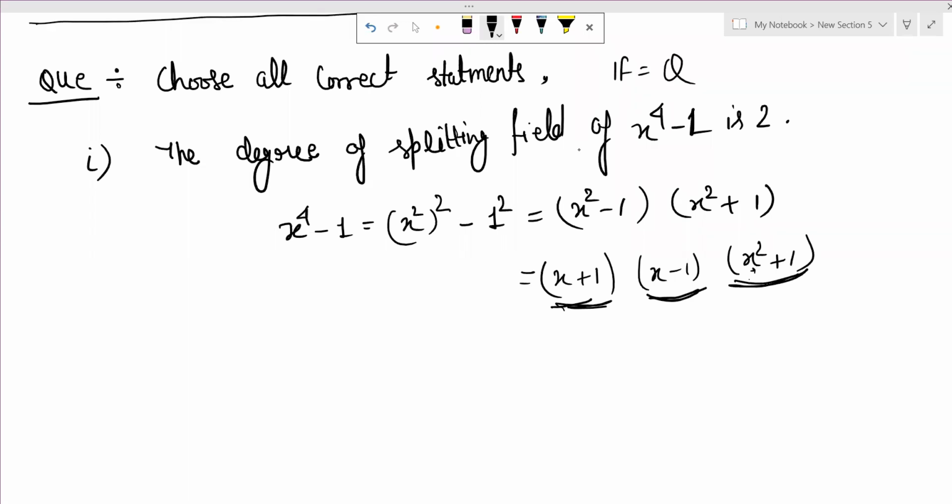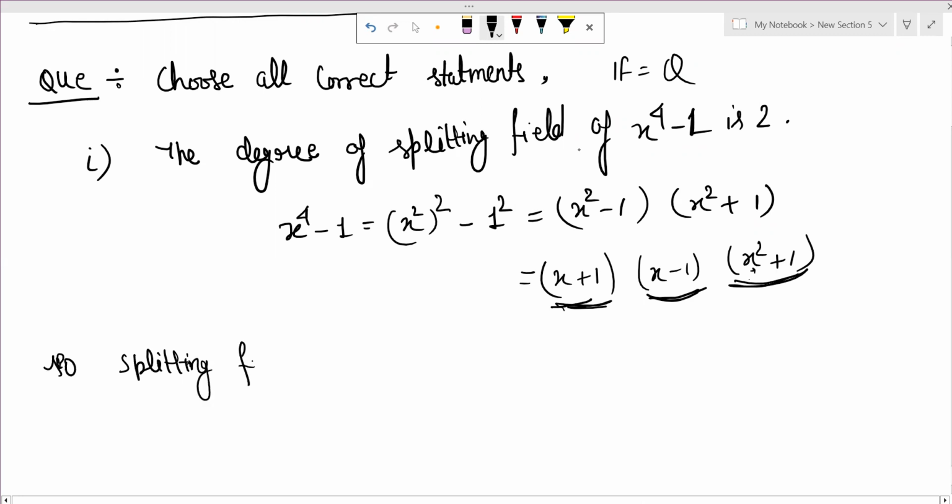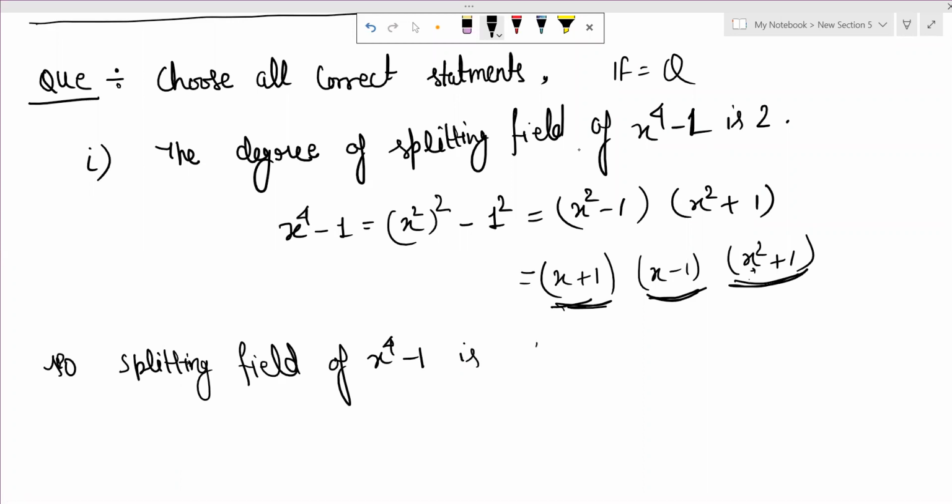So the splitting field of x to the power 4 minus 1 is the splitting field of x square plus 1.